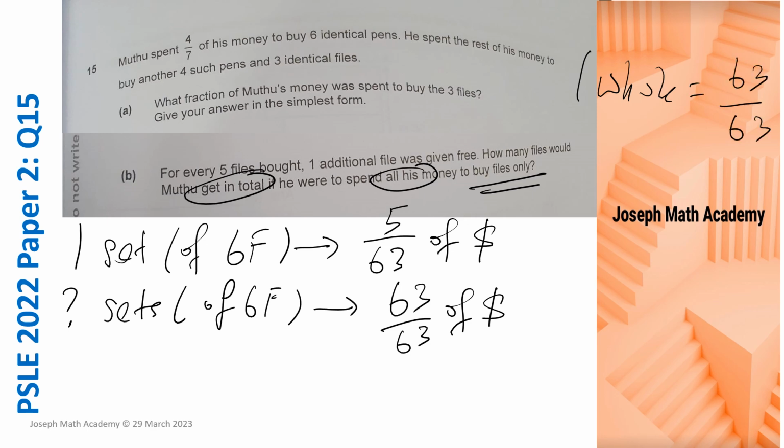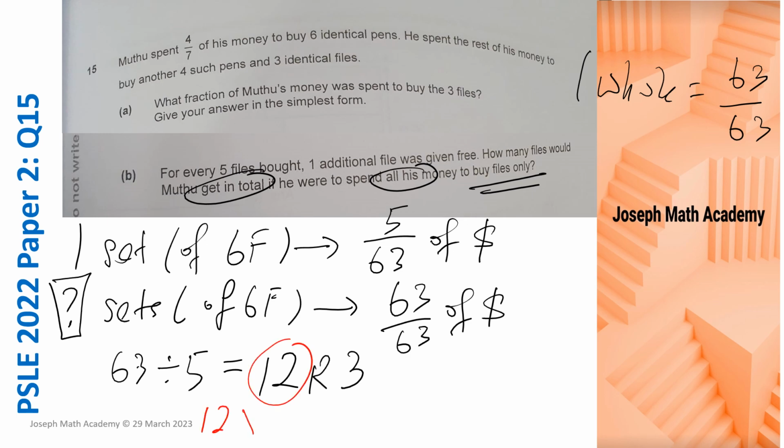Okay, so to find this question mark using the set method, very simple. We take 63 divided by 5. It is not divisible by 5, so it will give us a remainder. It's 12, remainder 3. Now this 12 represents 12 sets of 6 files.